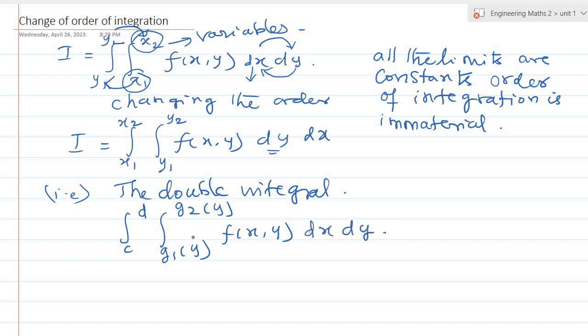Here see that the inner integration limits are variables. It should be a function of y. That means x1 equal to some g1 of y, x2 equal to some g2 of y.